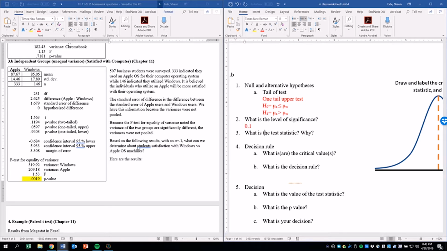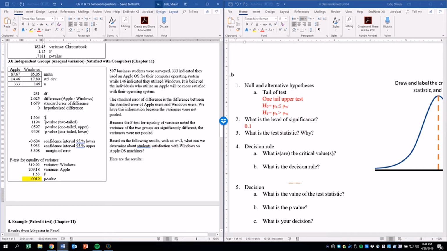Okay, next thing is what is the test statistic? So right here we can see that the test statistic that we're using is T. Okay, so we're going to put T. And so T is the test statistic. But why is it the test statistic? So we've got 231 degrees of freedom. If you look at the t-distribution chart, we really could have used a z distribution, but we're going to use a t-distribution because we only have sample data.